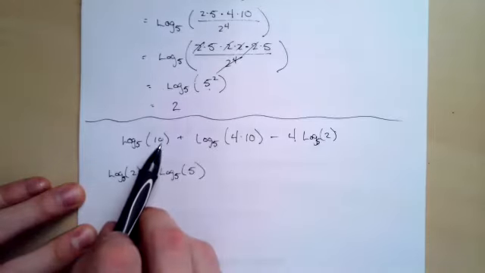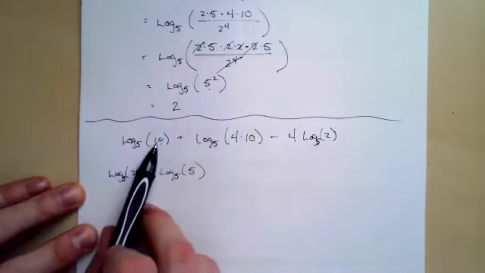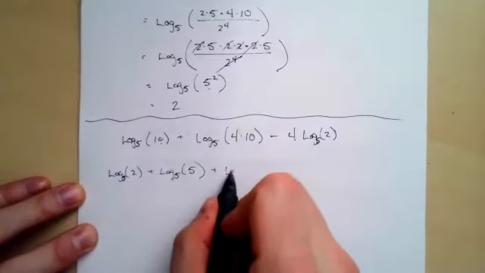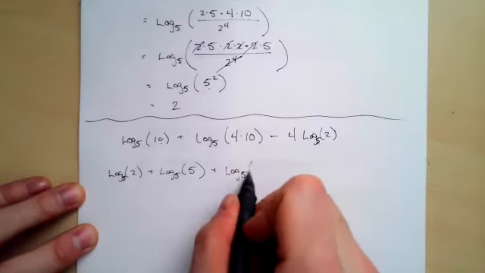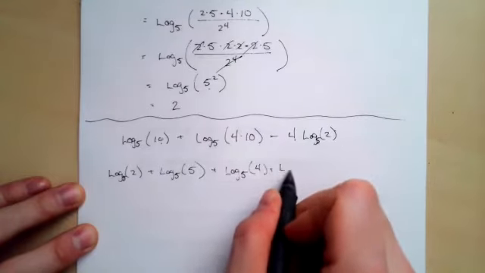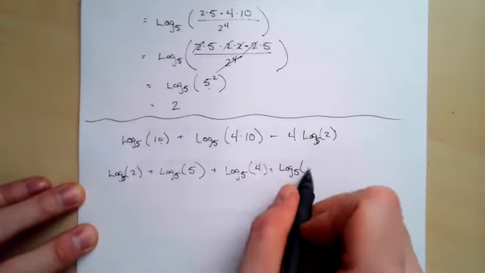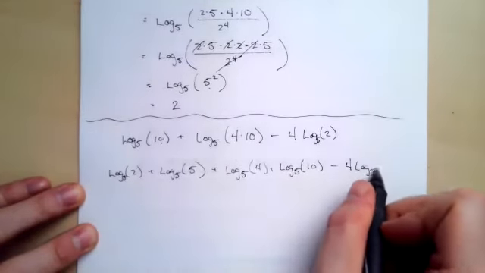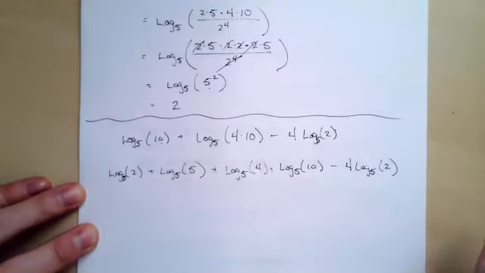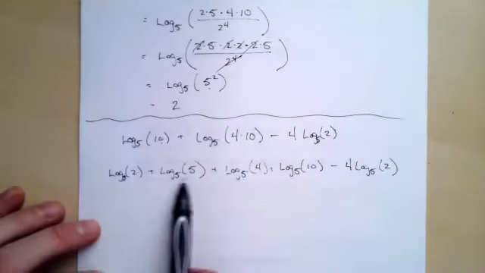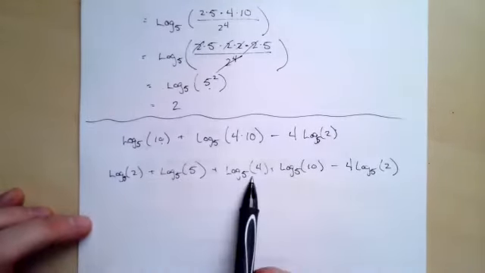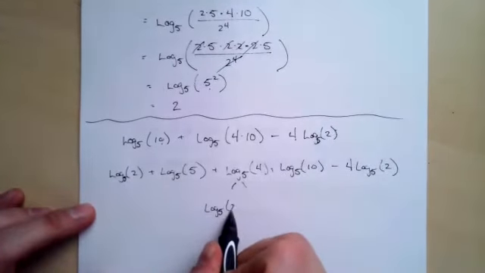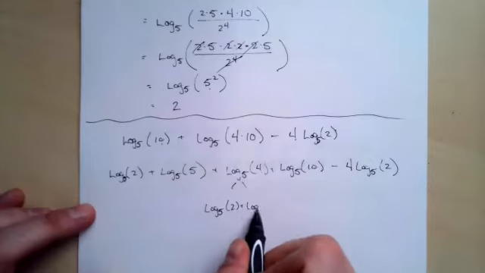Since 10 was 2 times 5, I can now use the multiplication property to addition property, and likewise do the same for all of these. So log base 5 of 4 plus log base 5 of 10 minus 4 log base 5 of 2. And now you can kind of see we keep going. I would want to write this guy as log base 5 of 2 plus log base 5 of 2.